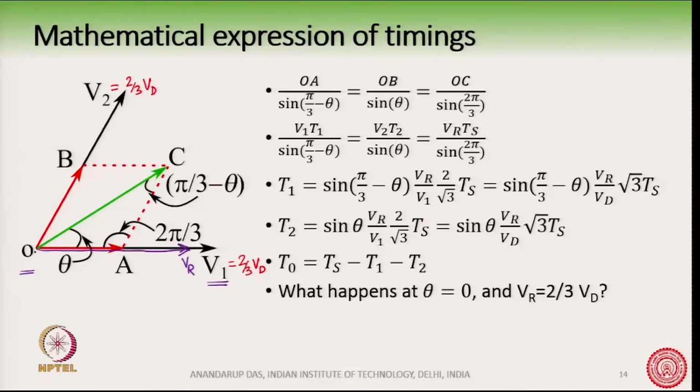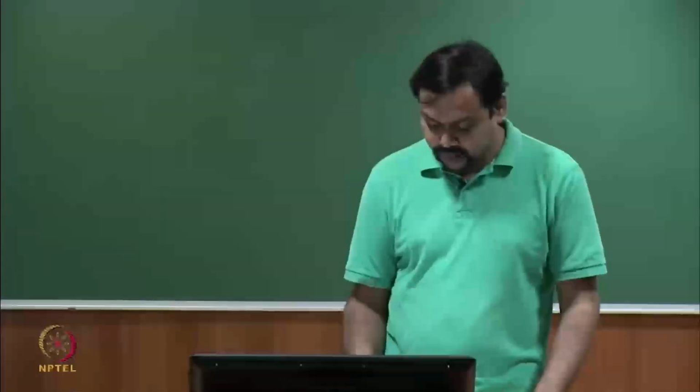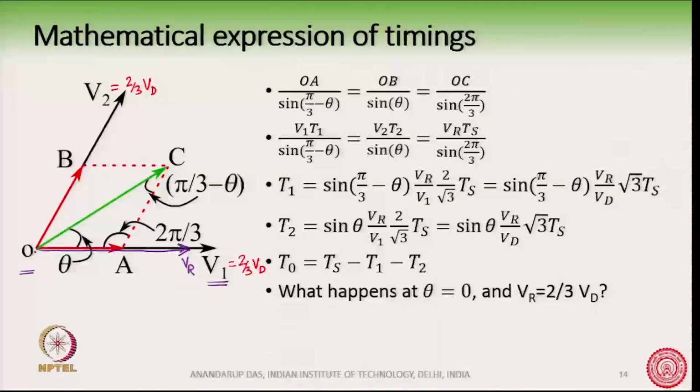Okay. Small duration the 0 vector, and for a large duration the V1 vector. In a similar way, if I had a vector which was lying here VR, then I must switch the V2 vector for a long duration of time and the 0 vector. We should not switch the V1 vector at all.